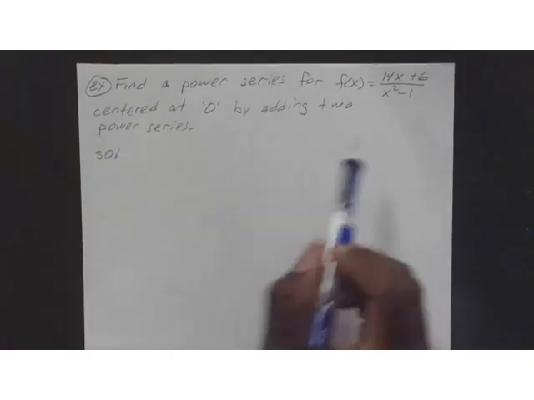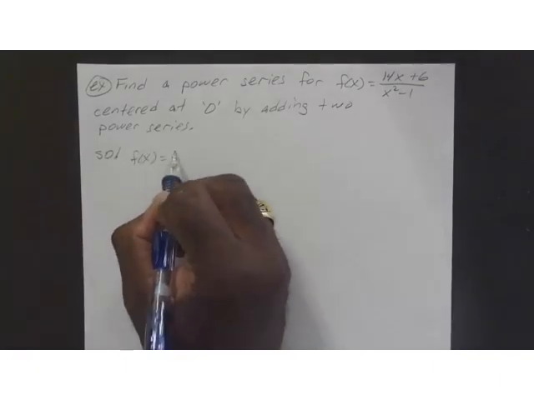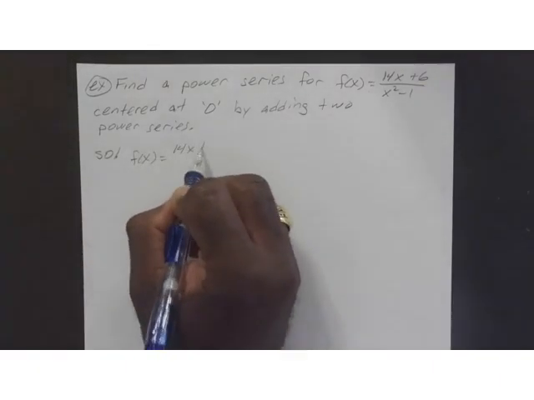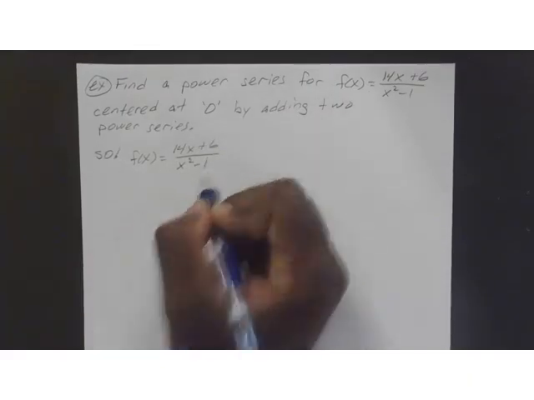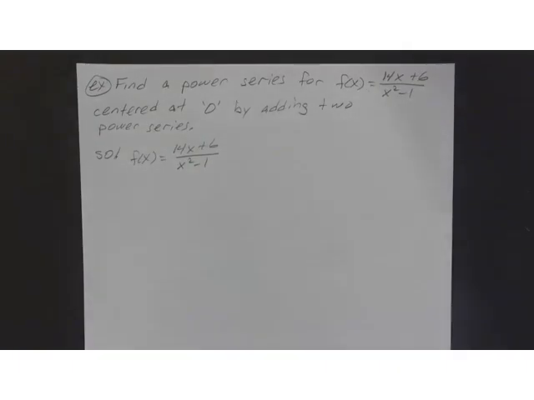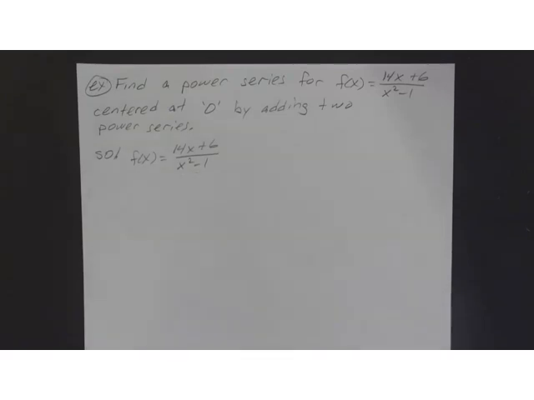Okay. But we know that our f of x is equal to 14x plus 6 divided by x squared minus 1. But that denominator, we have a difference of squares.